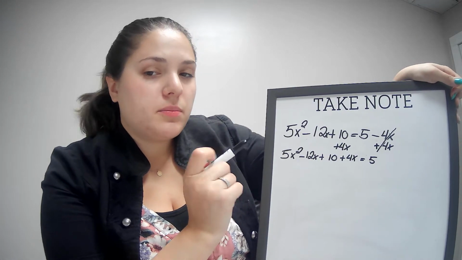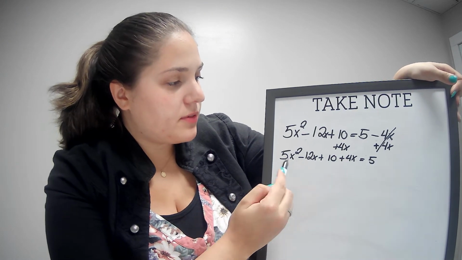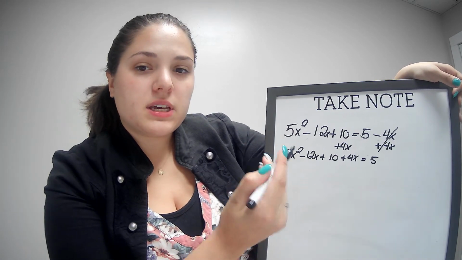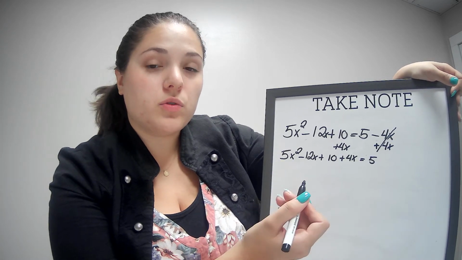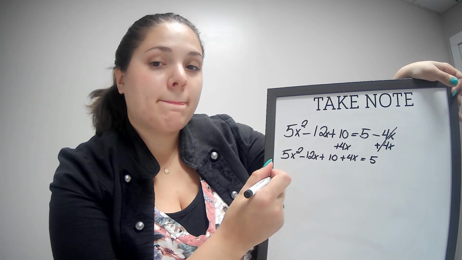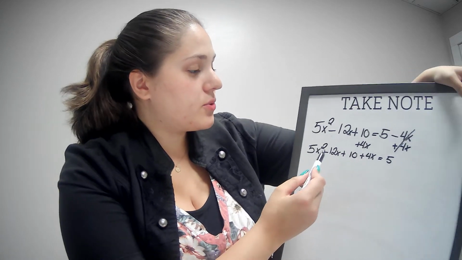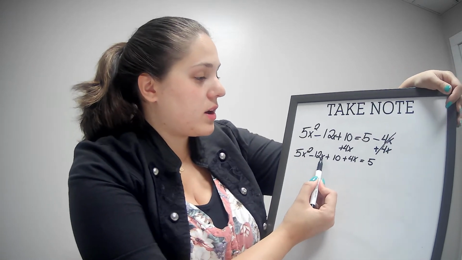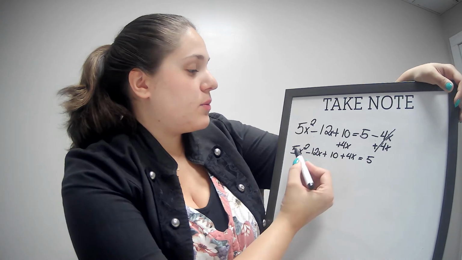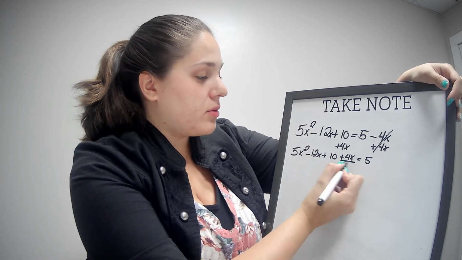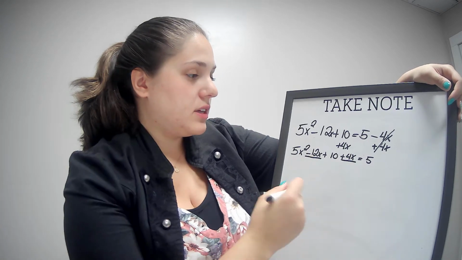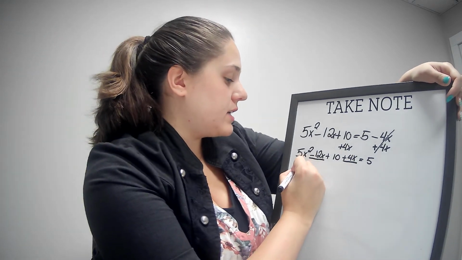Now, can we simplify? Can we put together some variables to simplify the left-hand side before we move on? Absolutely, yeah, sure. We could take this negative 12x and we could add 4x to this. So you could take this variable and this variable and add them together.